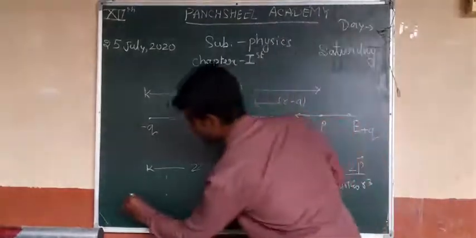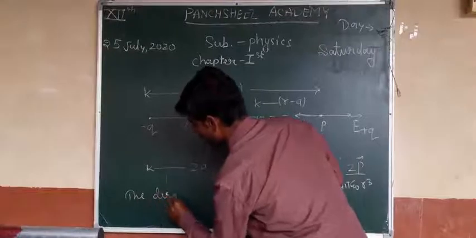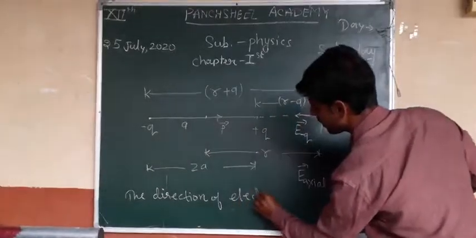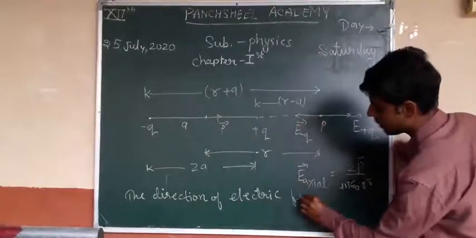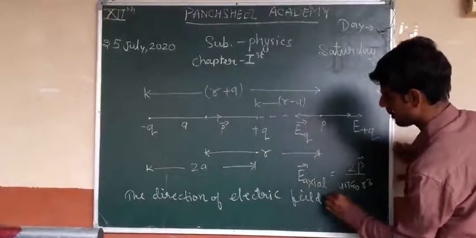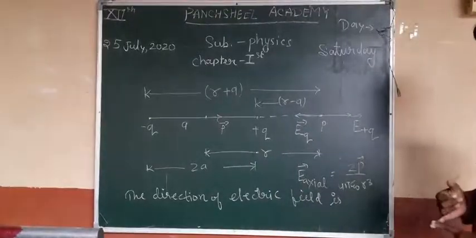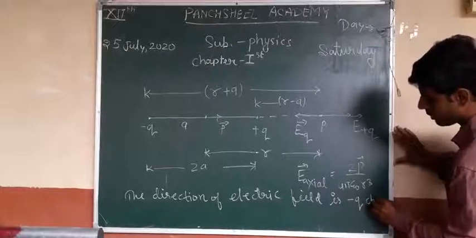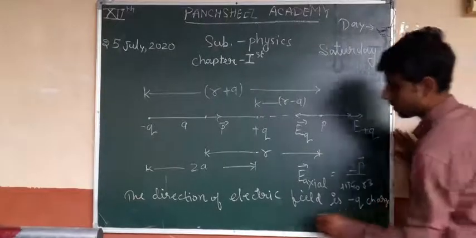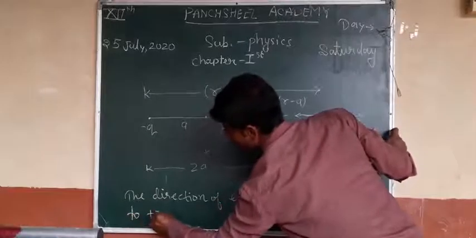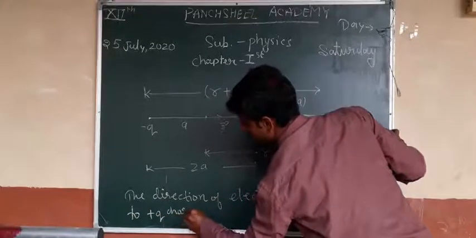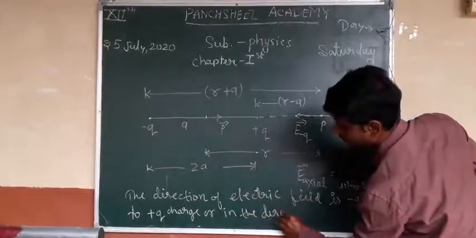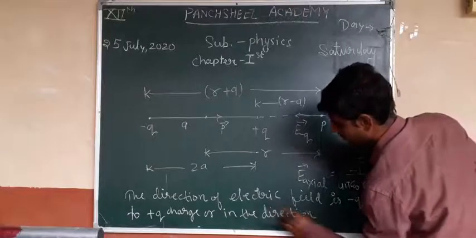The direction of electric field is from minus q charge to plus q charge, or in the direction of dipole.